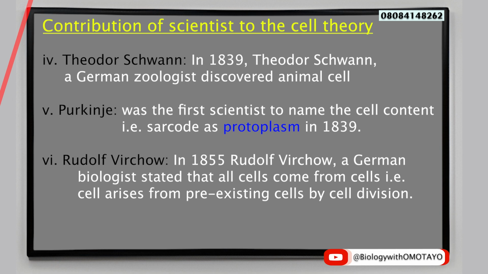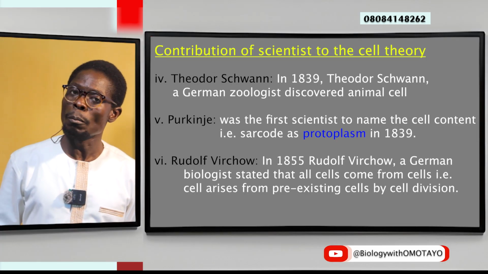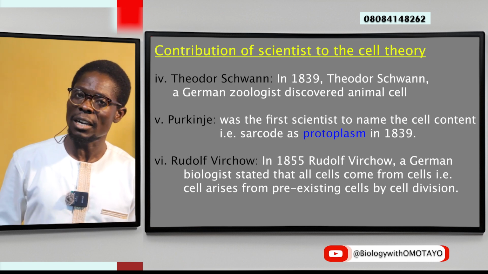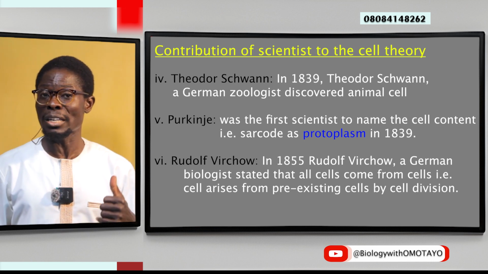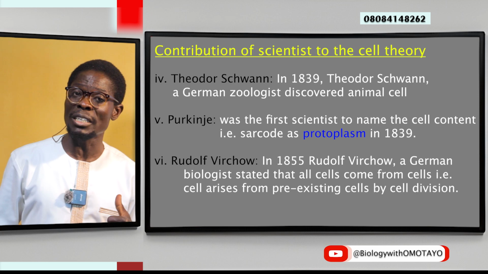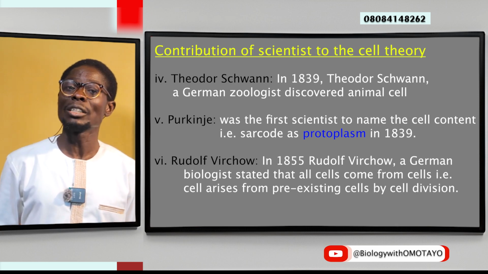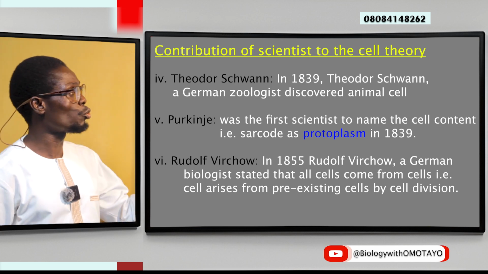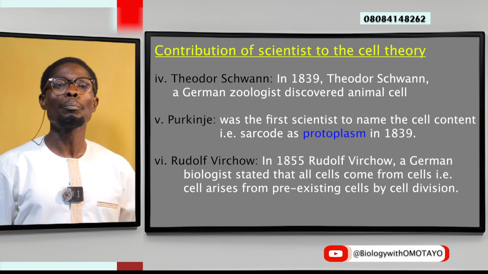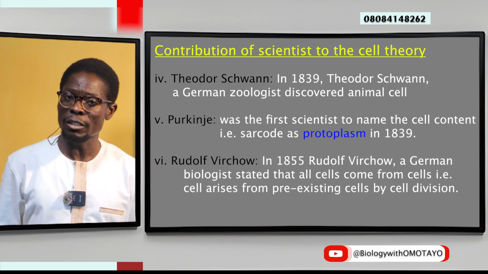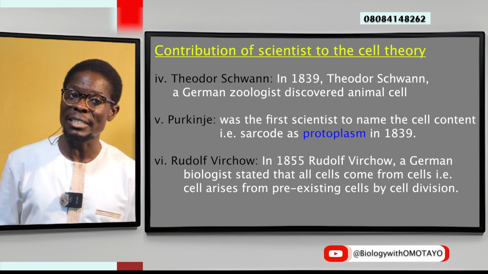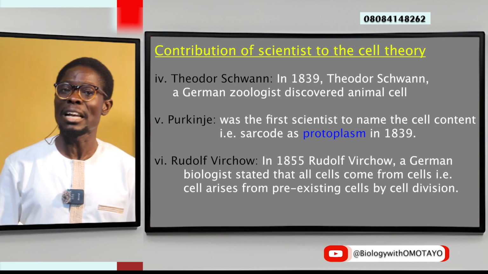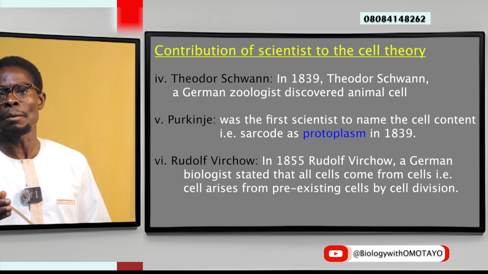He stated that all cells come from pre-existing cells. Just like earlier when we were looking at the cell theory, you will agree with me that that was the third point under the cell theory. He postulated and worked to prove that all cells come from pre-existing cells, either by cell division or in a form of reproduction.